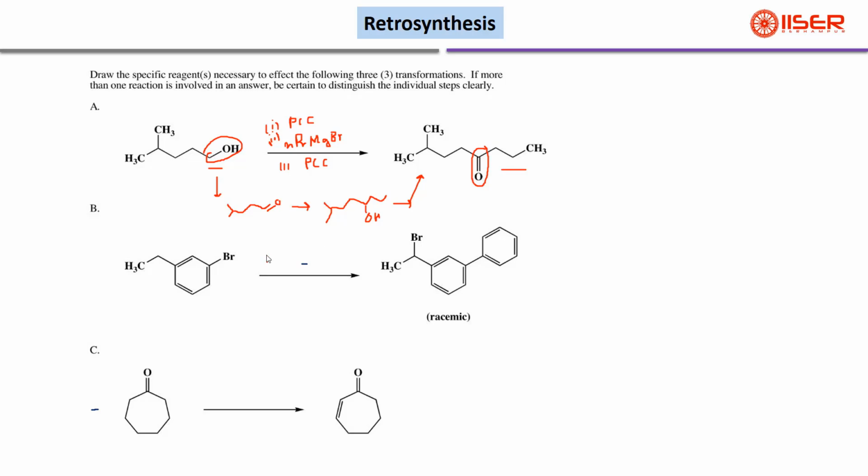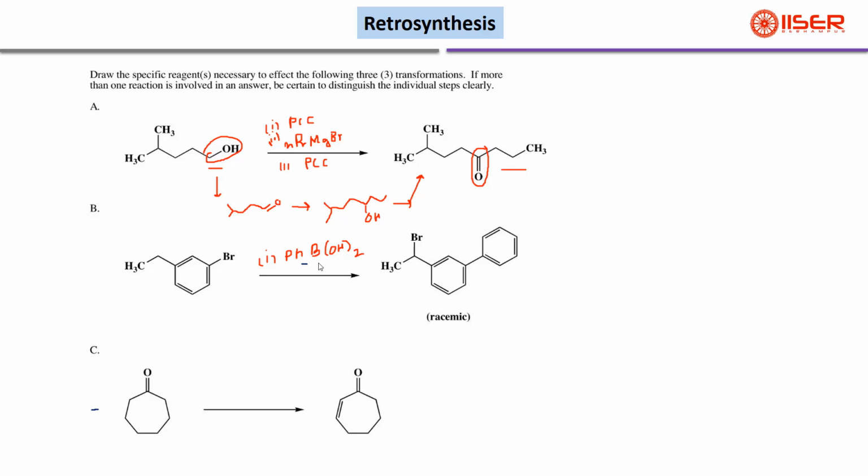What will be the reagents of this one? In the first step, if you perform Suzuki reaction with phenyl boronic acid, Suzuki reaction we have already talked about while discussing coupling reactions.